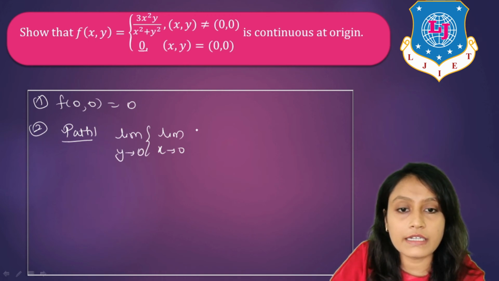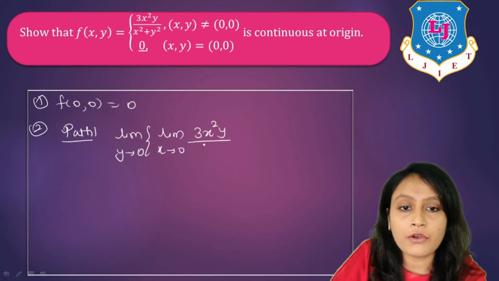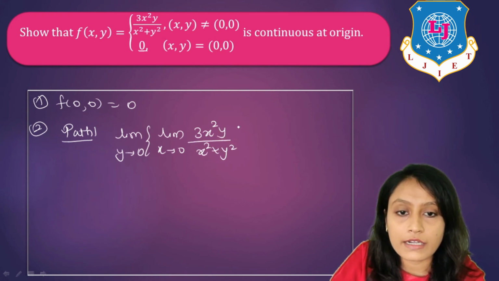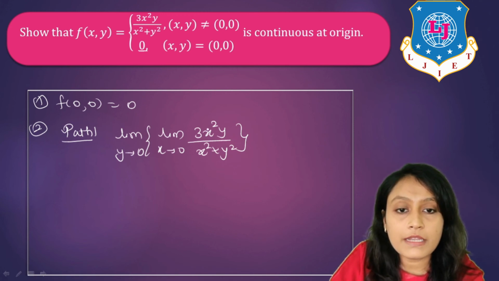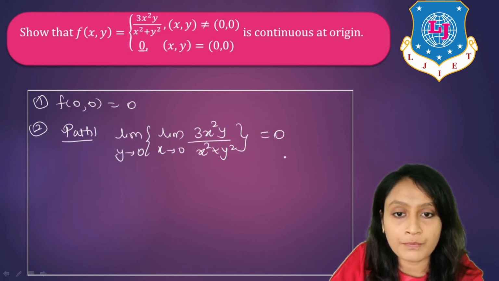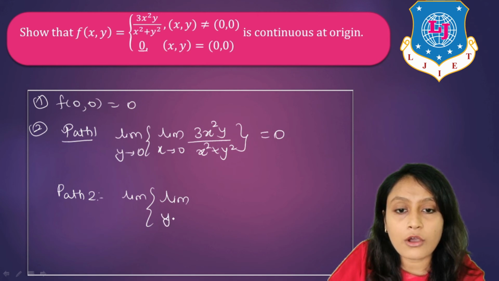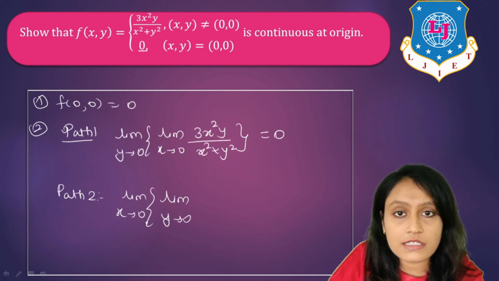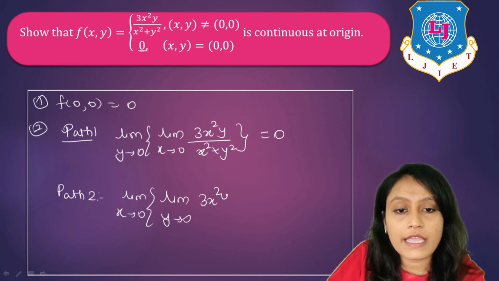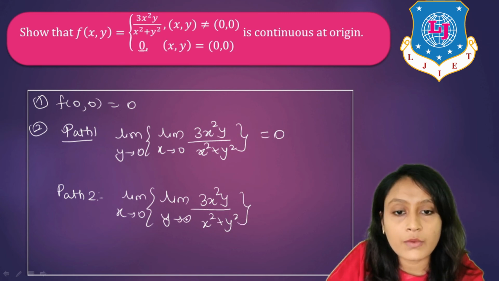The function is 3x square y upon x square plus y square. First, in place of x write 0, so the numerator is 0, therefore the whole term is 0. Now we apply path 2. Firstly we apply the limit of y and then the limit of x. The function is 3x square y upon x square plus y square. In place of y substitute 0, so the numerator is 0, therefore the whole term is 0.